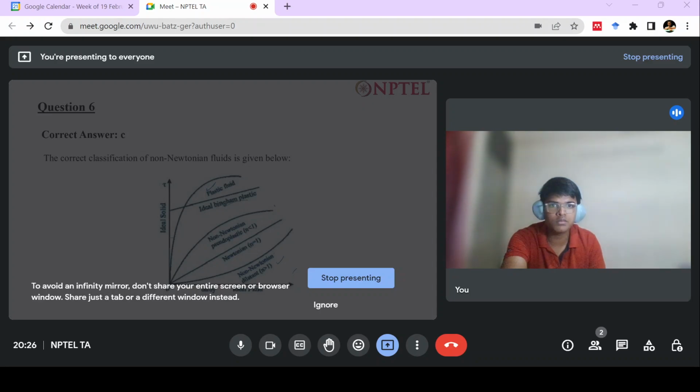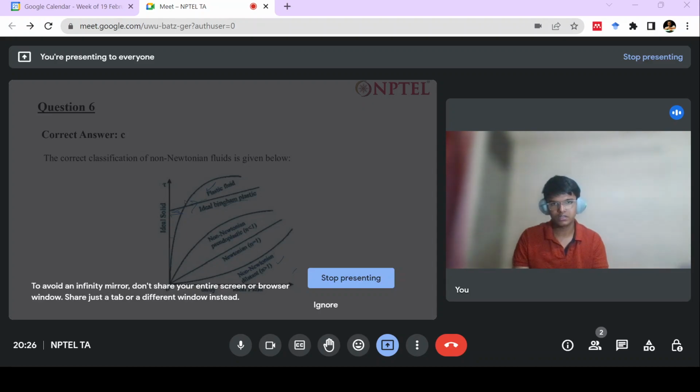Ideal Binghams are basically such that after a certain amount of stress, they behave like a Newtonian fluid. After a certain threshold stress, this curve has suddenly become, you can see, linear.